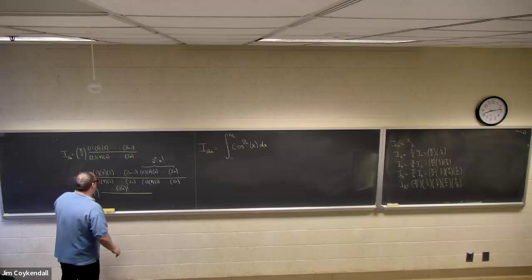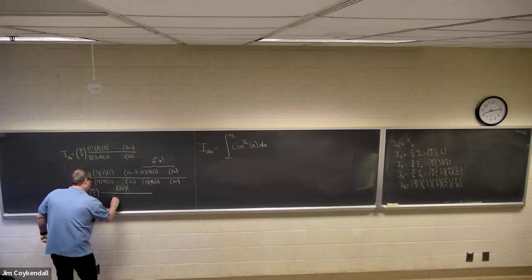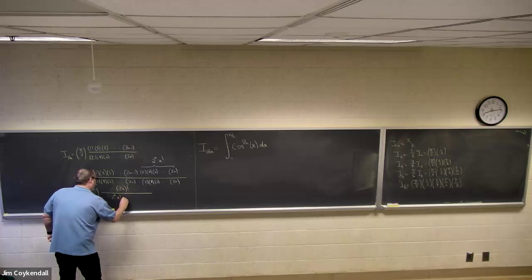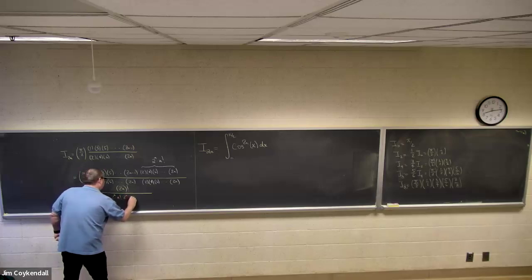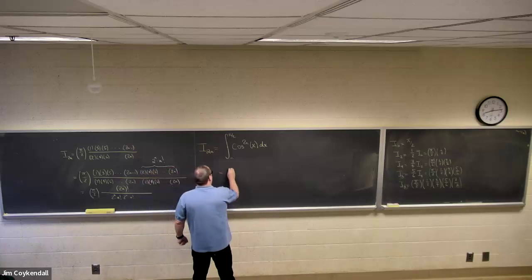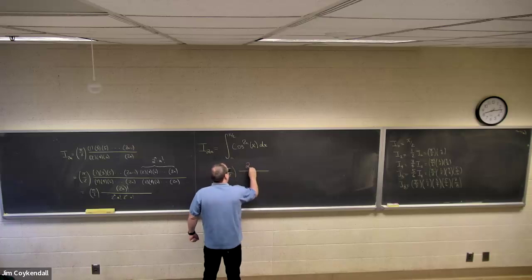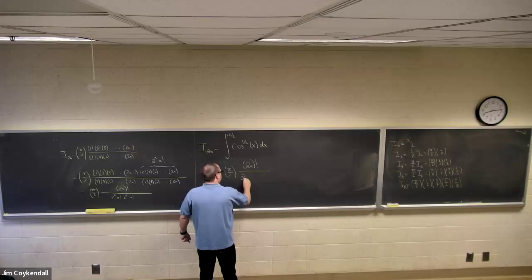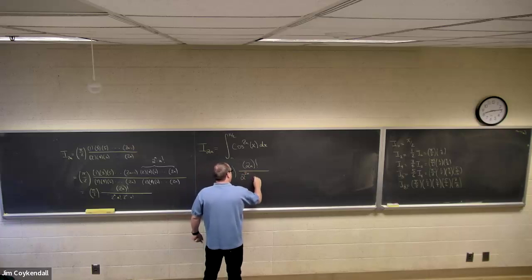So what do I have in the bottom? I have 2 to the n times n factorial. So my formula turns out to be pi over 2 times (2n) factorial, and then I square the bottom as was observed earlier.